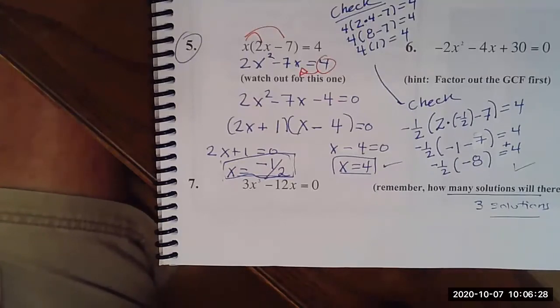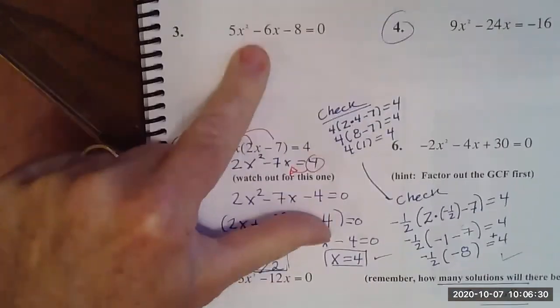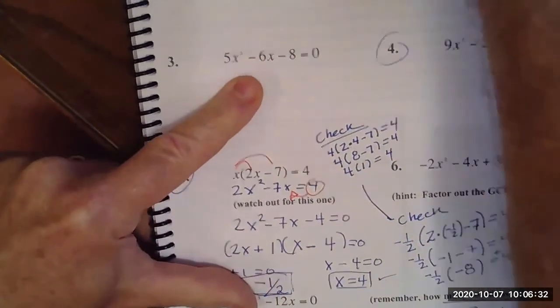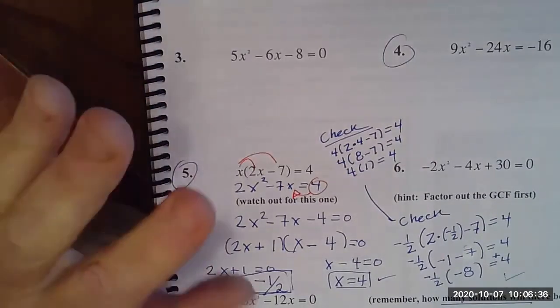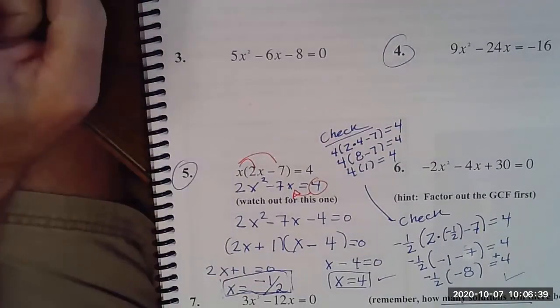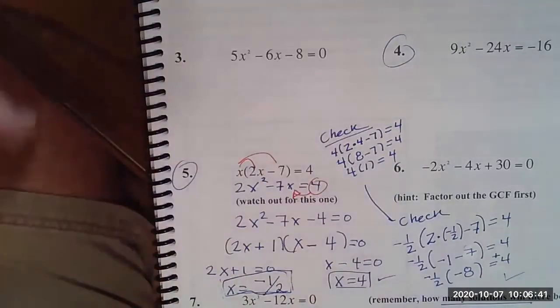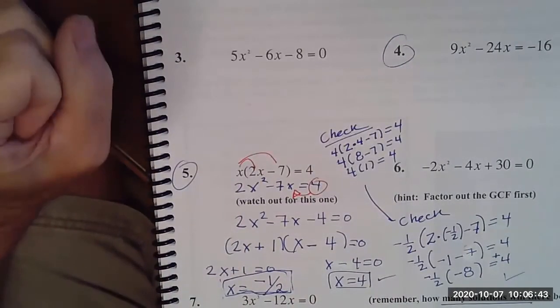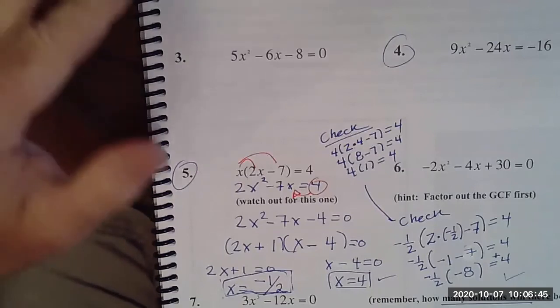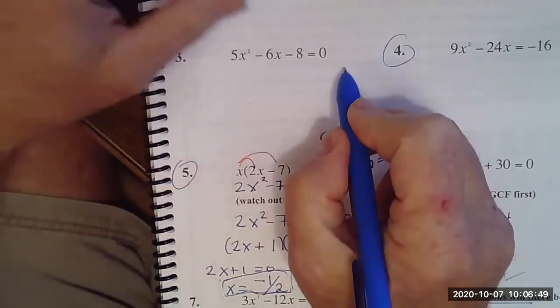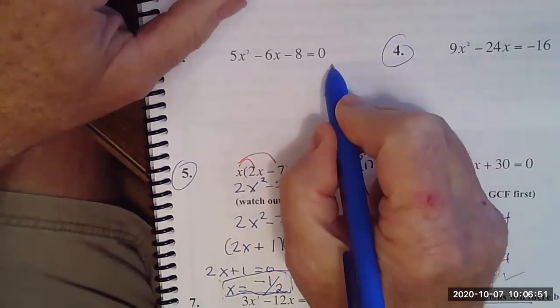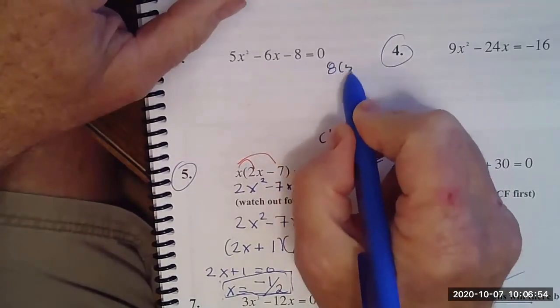Let's do this one. Okay, I'm going to do that 6.4 technique, meaning maybe Russ calls it the ABC method or Audrey's method. I'm going to do Audrey's method. Take the 5 and the 8. Now set equal to 0, that's good, but take the 5 and the 8 and you get 40.